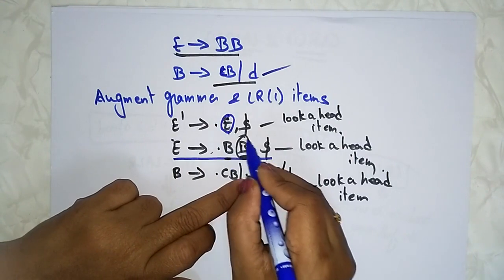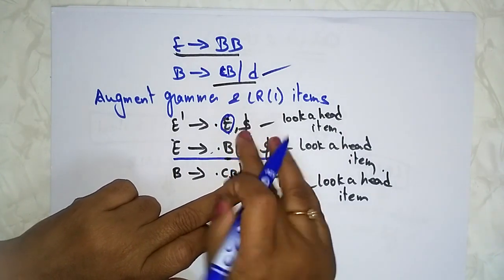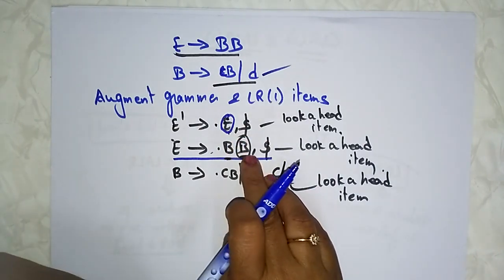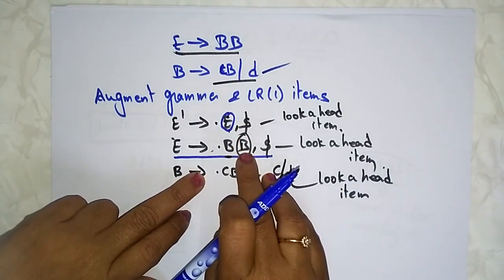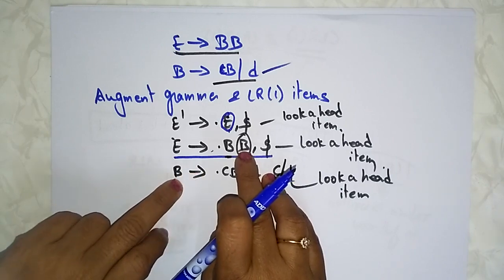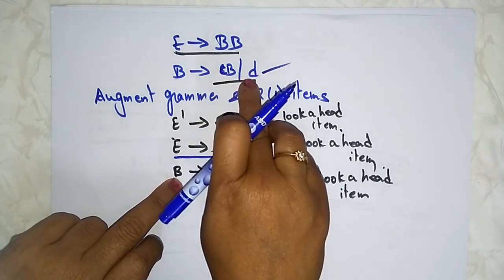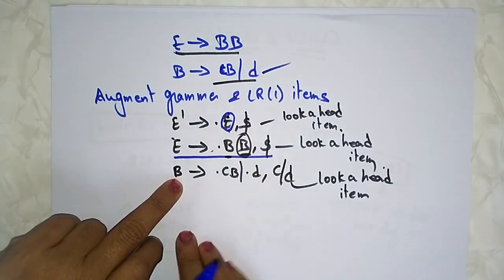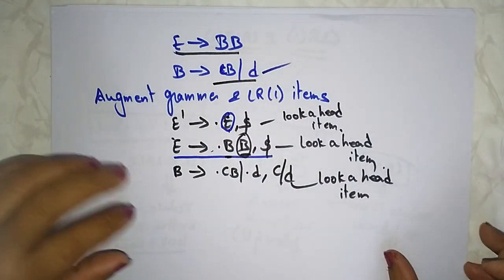After this non-terminal, again a non-terminal is there; if nothing were there, you would just copy the dollar. But after B there is again a non-terminal, so you need to write the first of B, which is c and d, instead of the dollar. So these are the look ahead items.